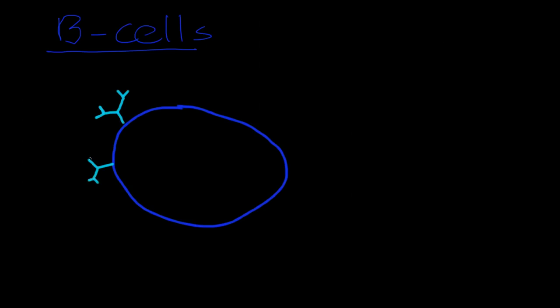Each B cell or T cell only has one antibody that can recognize one type of antigen, right? And beside each of these, it has a major histocompatibility, or HLA, human leukocyte antigen, that is specific for our body.